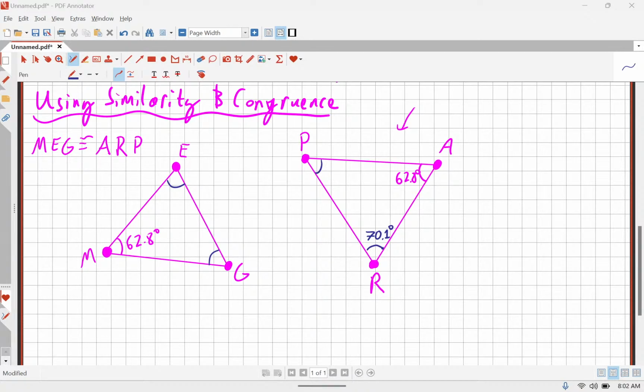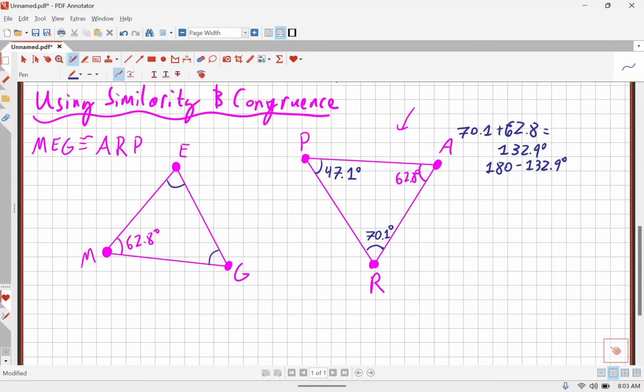Yeah, tell me what you're doing. 70.1 and 62.8, yeah. Okay, and what am I going to do with that? Love that. And what do you get? Awesome. 47.1 degrees. Love that very much.